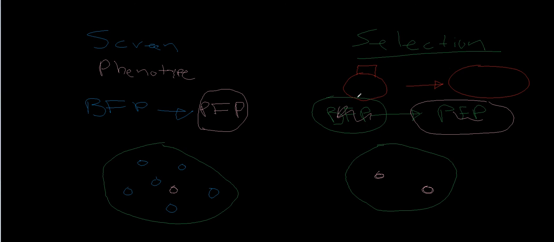A very easy way to do that is, in addition to your part, to include an antibiotic resistance. This little thingy right here is our antibiotic resistance. So if our little bacteria gets that plasmid with the part, it also gets the antibiotic resistance. Whereas this guy's little neighbor, this other bacteria, if it does not get the plasmid, does not have that resistance.